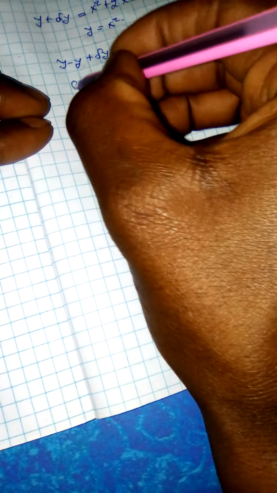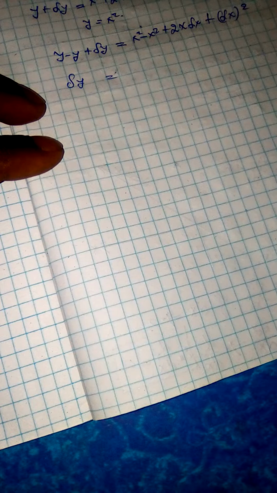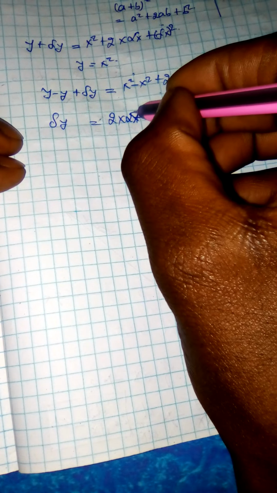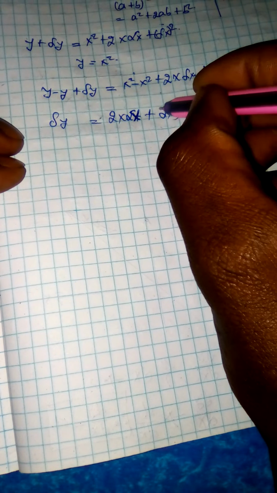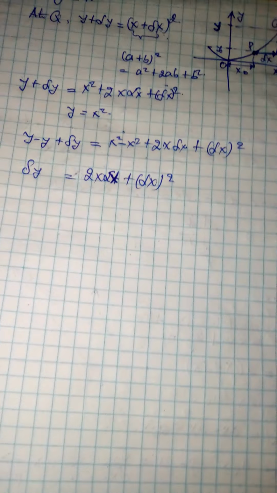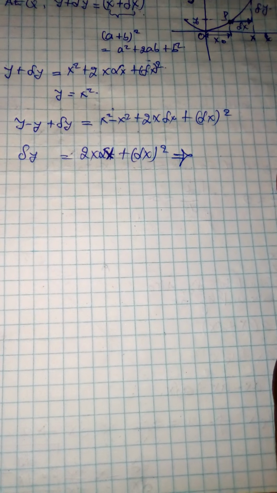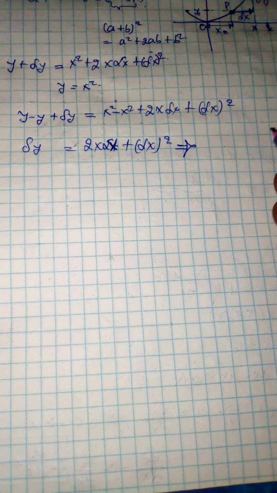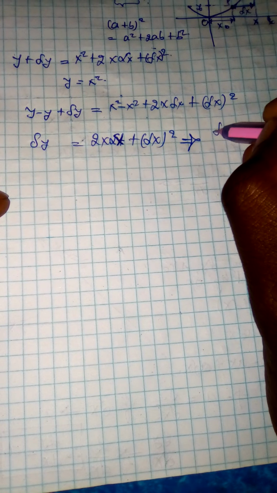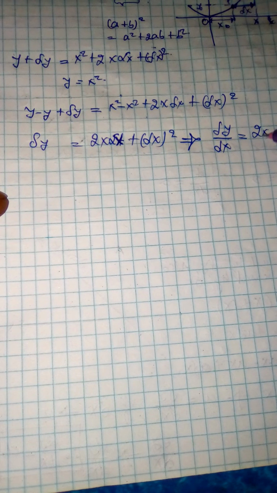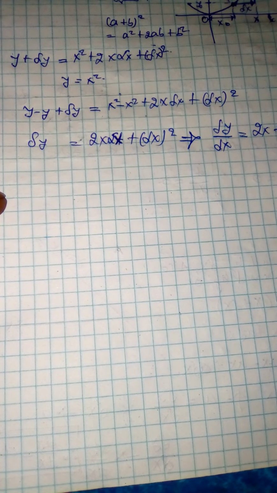So we remain with the change in y, which is equal to 2x times change in x plus change in x squared. We divide by change in x on both sides. We'll get change in y over change in x, which is equal to 2x plus change in x.